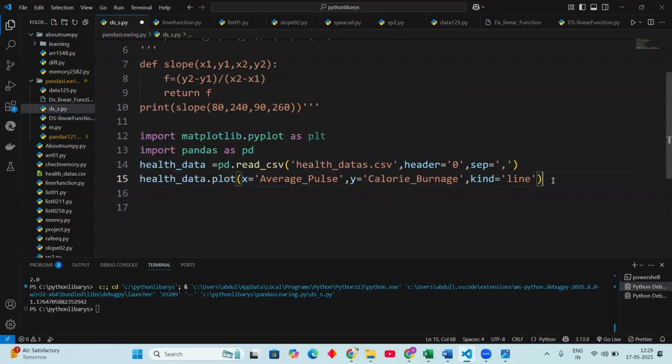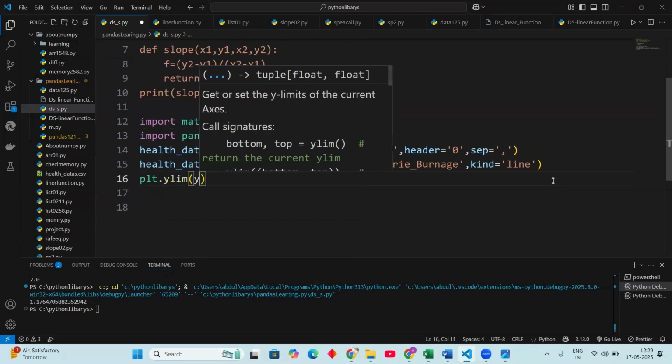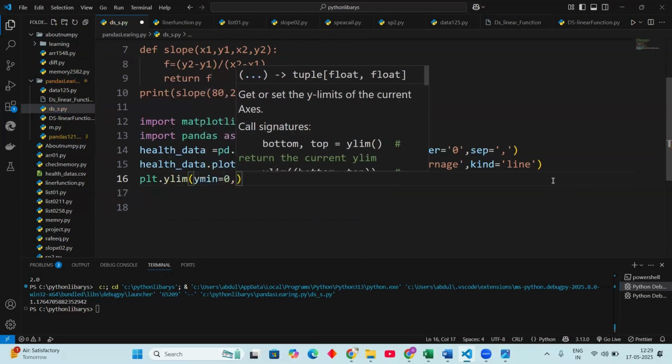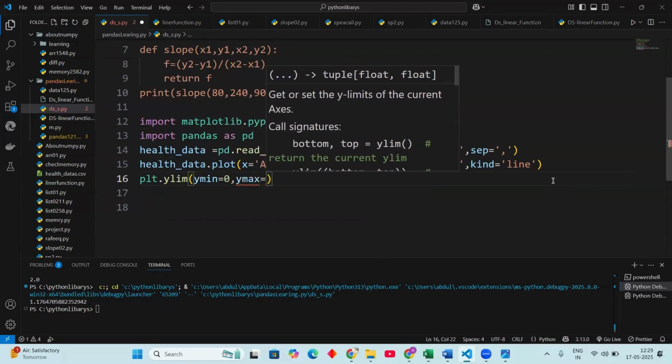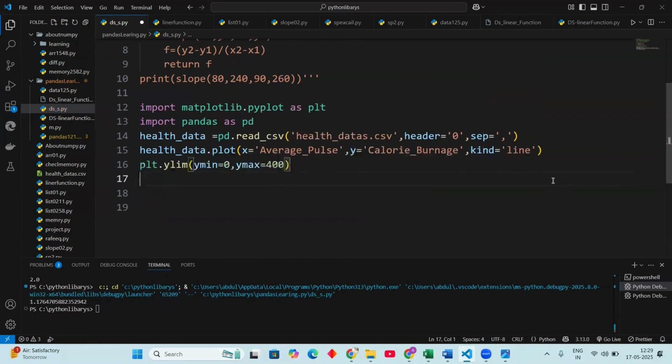Okay, we have assigned the plot, and now let's take plt.ylim. Y min starts from 0. Y max I start at 400 because I'm taking a long range. My assumption is 360, so it is in between 300 and 400.